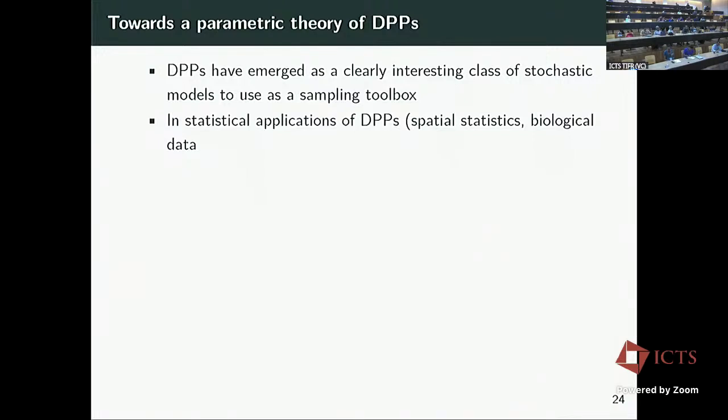Okay, so anyway, all these discussions were trying to impress upon you that there indeed are situations where it is natural to posit a certain degree of repulsion in the spatial point pattern you are modeling, and using a determinantal model is very reasonable in such a situation.